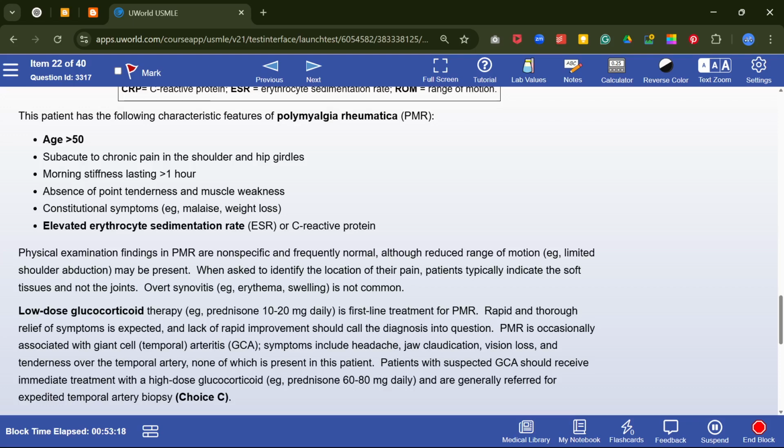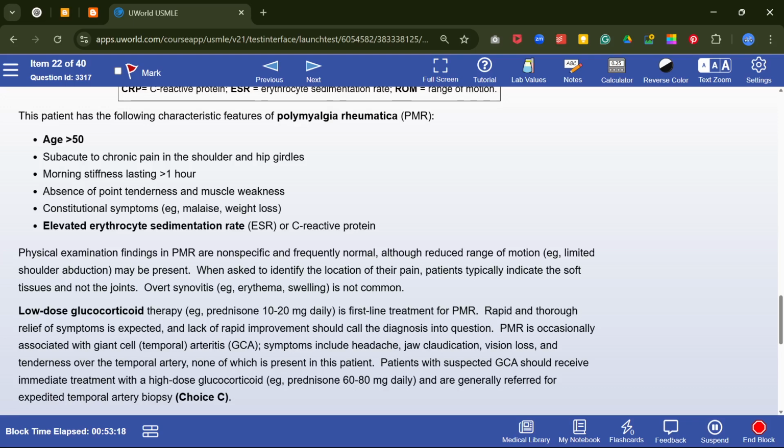Rapid and thorough relief of the symptoms is expected, and lack of rapid improvement should call the diagnosis into question. PMR is usually associated with giant cell arteritis. Symptoms include headache, jaw claudication, vision changes, vision loss, tenderness over the temporal artery.